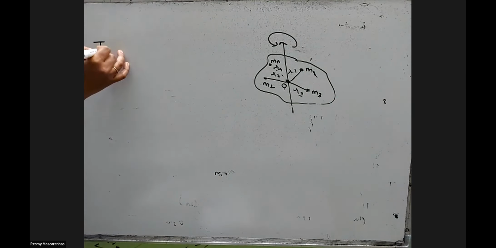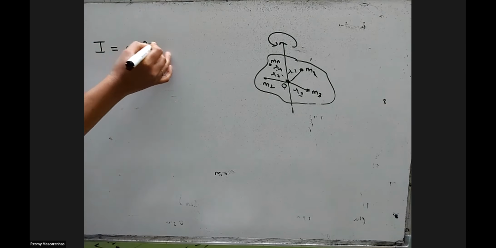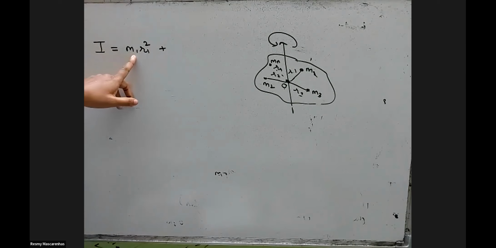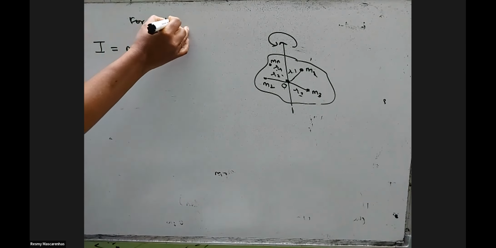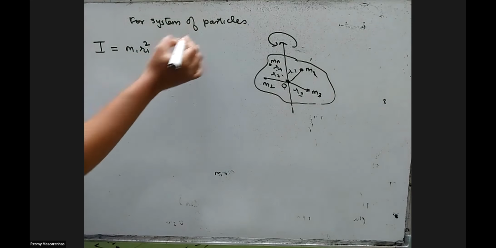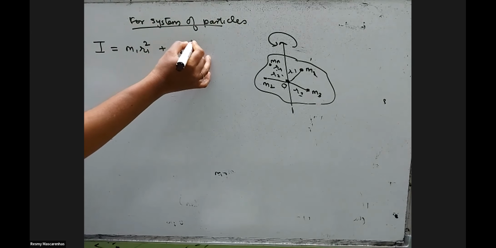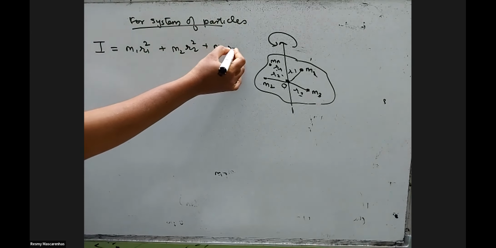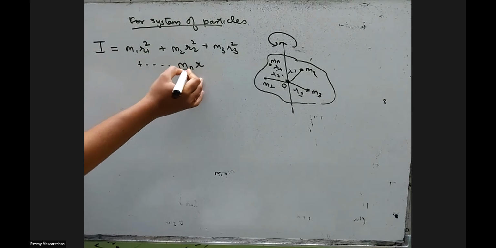So moment of inertia for all the masses will be what? m1 r1 square, this is for the first particle. This is for a system of particles. m2 r2 square, m3 r3 square, and so on till the last particle.